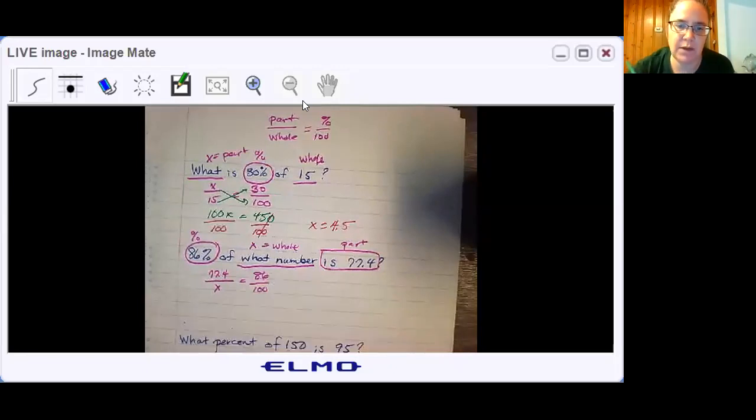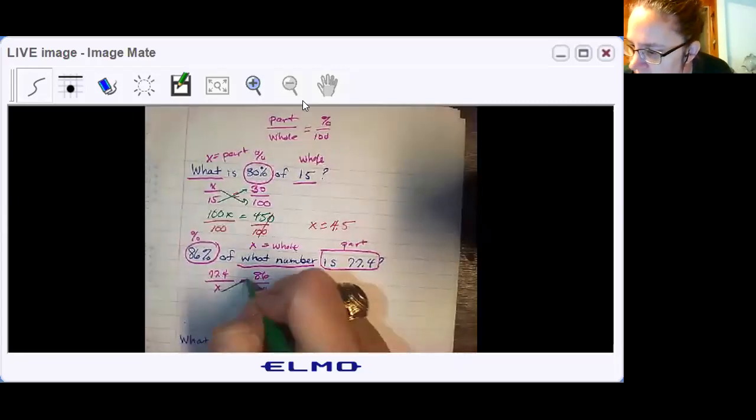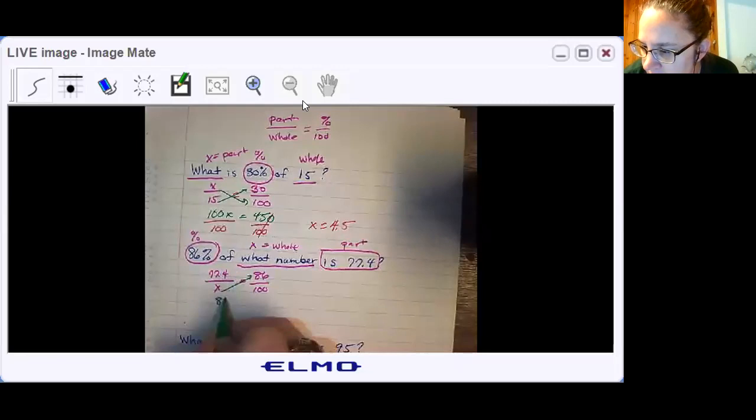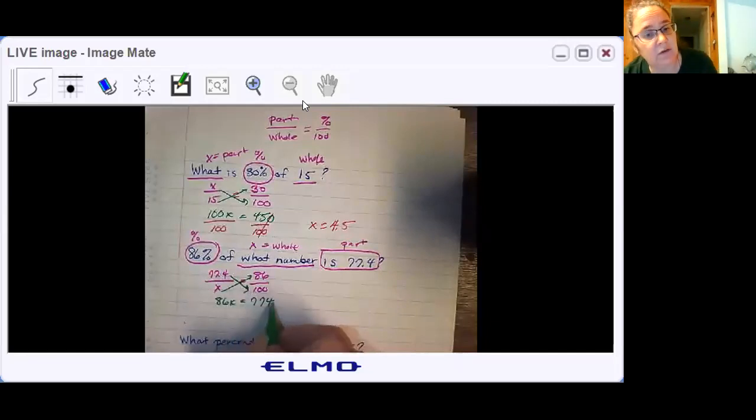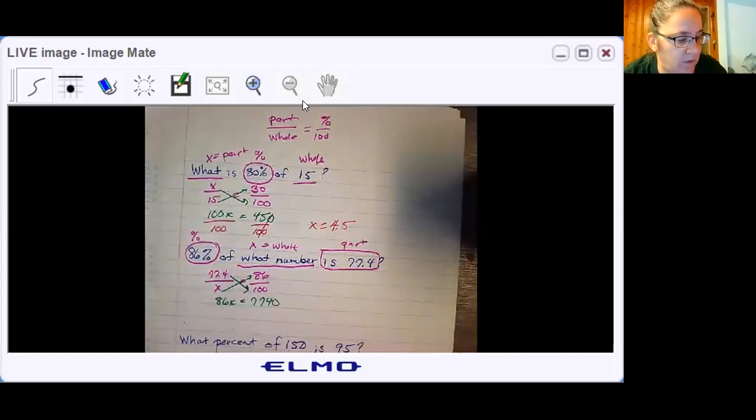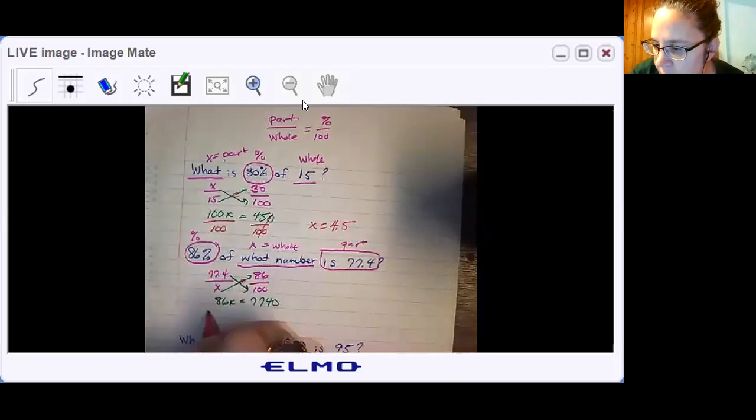I'm going to cross multiply. X times 86 is 86x. 77.4 times 100 is 7,740. Double check that in your calculator if you want to. I'm going to have to pull my calculator up here in just a second to do my dividing. So now I divide both sides by 86 because I want that x by itself.